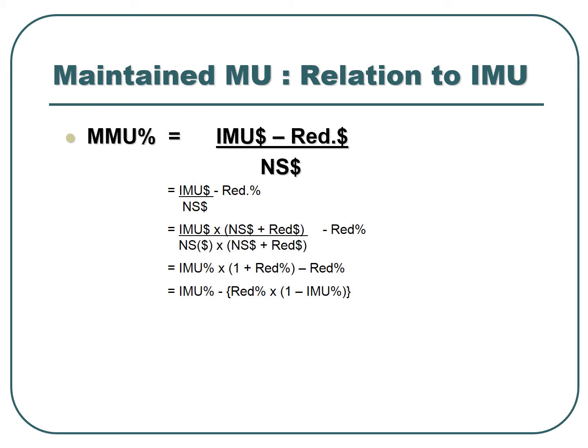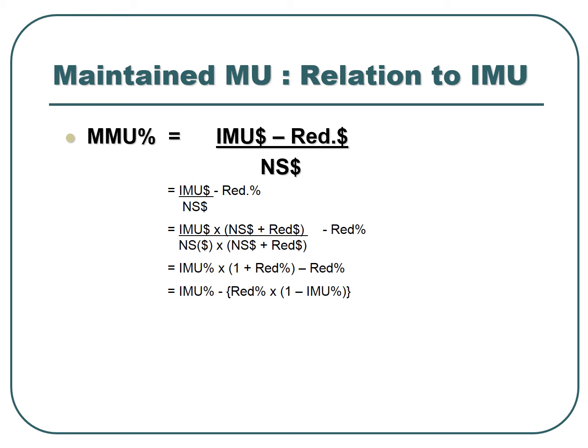Then mathematically we can solve this so that we derive a formula that simply tells us the relationship between IMU percent and MMU percent. Let's take a look at the mathematical process. The original formula of IMU dollar minus reductions dollar over net sales dollar can be converted into IMU dollar over net sales minus the reductions dollar over net sales, which is the reductions percent.